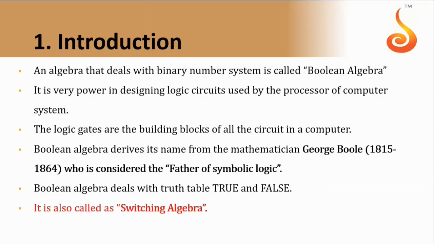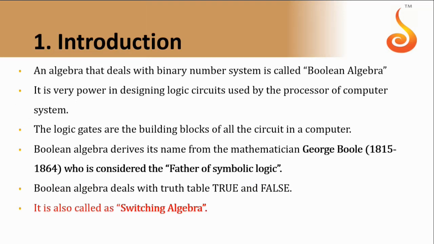So what does it mean? An algebra that deals with binary numbers. What are binary numbers? 0 and 1 is the binary number system. Base 2 is nothing but the binary number system wherein you have two symbols, 0 and 1.